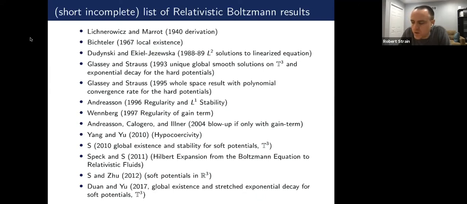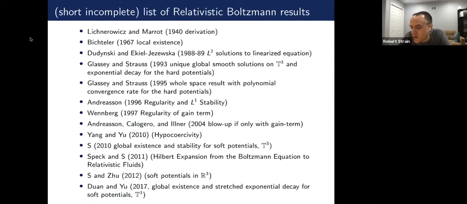They also studied the theory of DiPerna-Lions renormalized weak solutions for the equation. Then Glassey and Strauss started studying the stability problem in 1993 when they proved unique global smooth solutions on the torus T3 and exponential decay for the hard potential case. And in 1995, they generalized their work to a whole space result with polynomial convergence rates for the hard potentials.